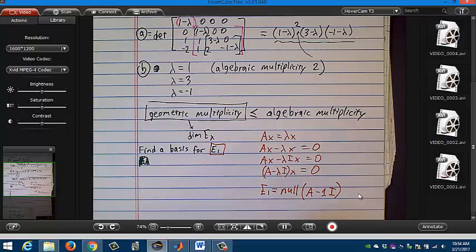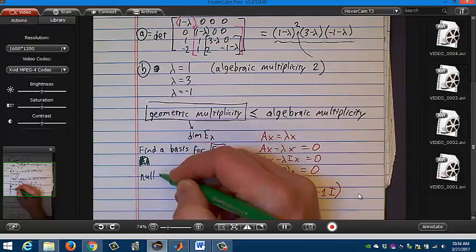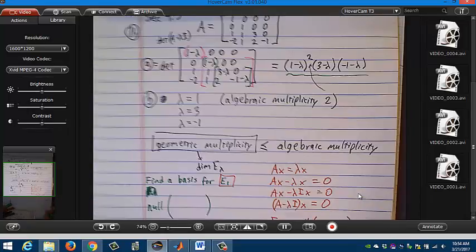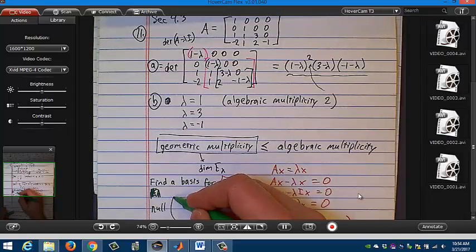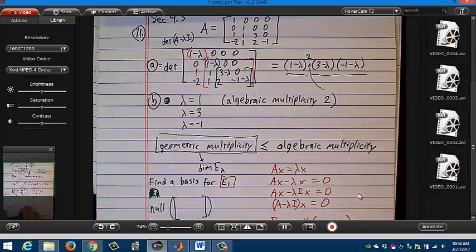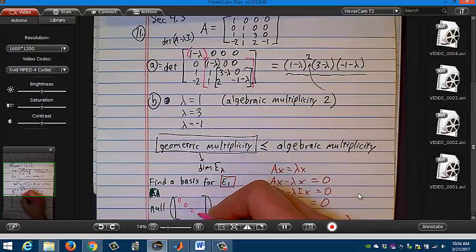So let's see. When I say the null space of, well, what's A minus 1I? A is up above, right? It was that matrix. So A minus 1I would be the matrix where I change those diagonal entries. They would become 0, 0, 2, and negative 2.